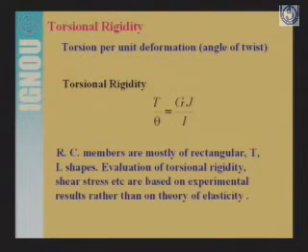It means torsion per unit deformation or torsion per unit angle of twist, and it is expressed as T by theta, which can be equated to G J by L. These G, J and L you know.